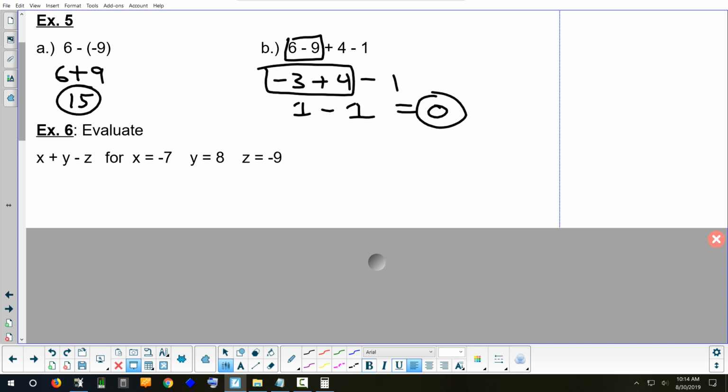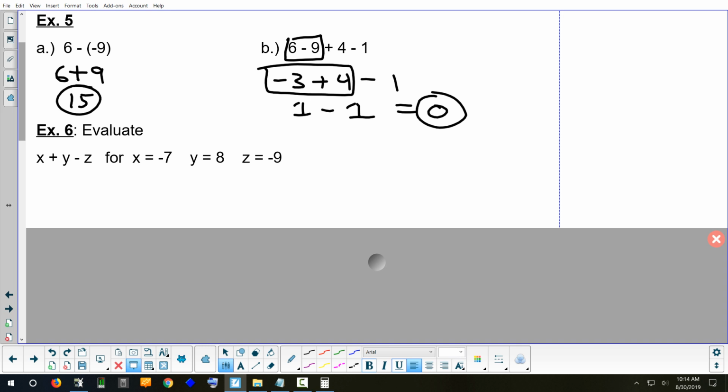How about Gianna? What's the first thing I have to do when I evaluate? Okay, we need to write this. Very first thing we got to do. I think Olivia said simplify last time, and I said one more thing you have to do before you can even simplify it. Not sure?